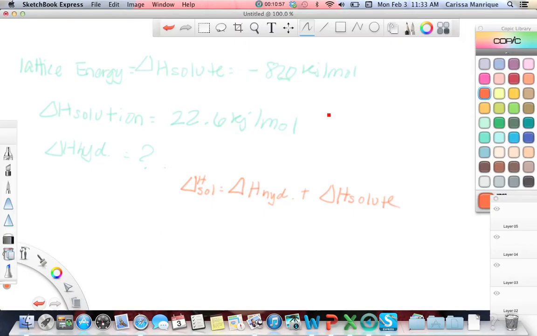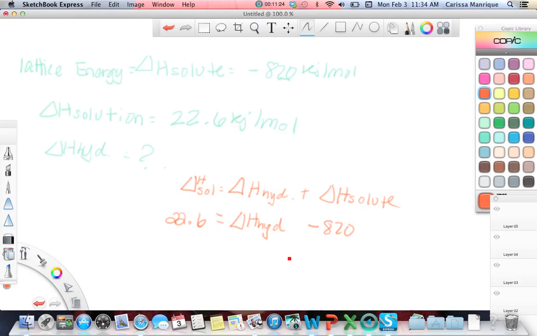Okay, so let's put all the numbers we have. We know the solute is negative 820. We're trying to find delta H of hydration, so I'm going to put delta H hydration, since that's what we're trying to find, equals delta H of solution, which we said is 22.6. Okay, notice they're both in kilojoules per mole, so we don't need to convert anything.